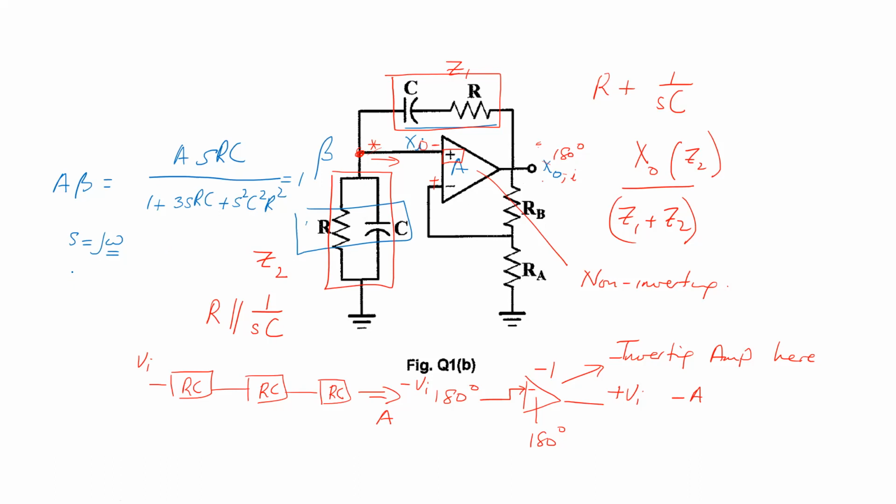And if you do that, you get that the gain for this circuit is 3, and that omega is 1 over RC, or if you want, F naught is 1 over 2 pi RC.